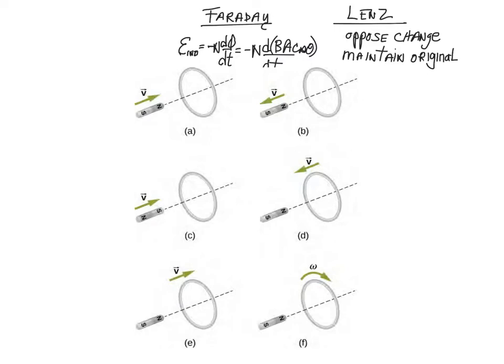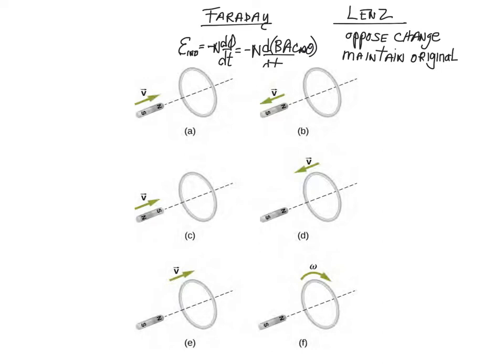Clearly in the case of E, you're pulling the coil away, and so it's the reverse of D, and so everything is going to reverse. The flux will be decreasing. The induced current has to be in the opposite direction to produce a flux in the same direction to prevent the decrease in flux.